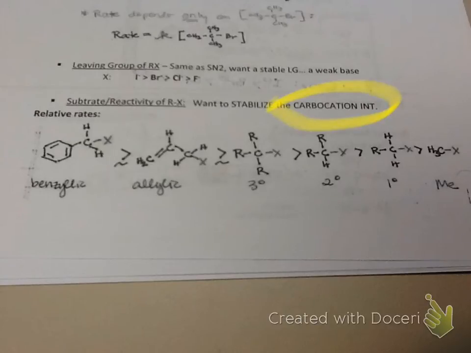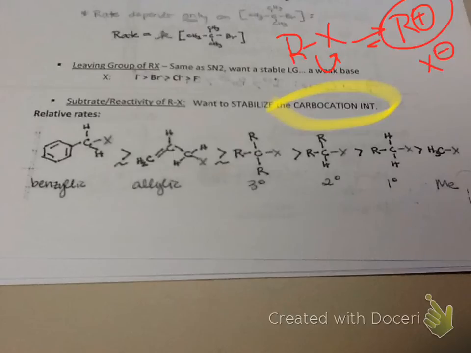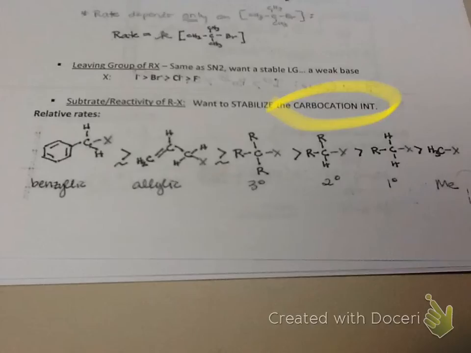So if we want the dissociation, the first step of the reaction, where the alkyl halide dissociates in the rate determining step to form the carbocation and the separated halide, we already talked about the leaving group. The reaction will go faster not only if the anion is more stable, but if the carbocation is more stable. So the quickest reactions for SN1 will be the ones that form the most stable carbocation once the halide dissociates.